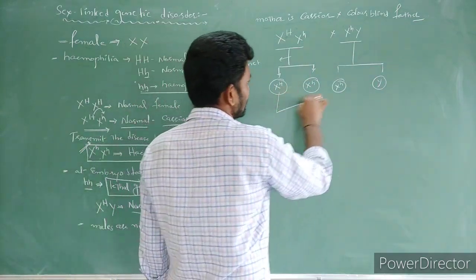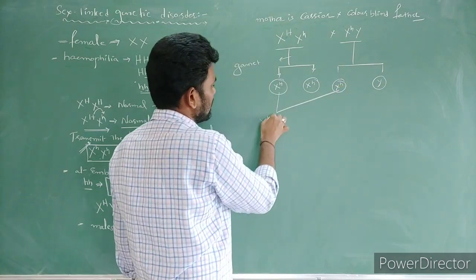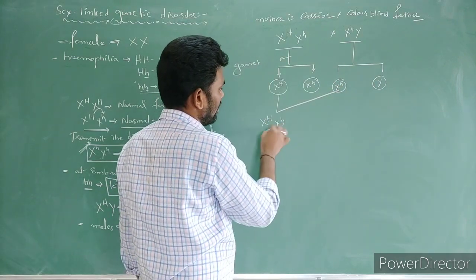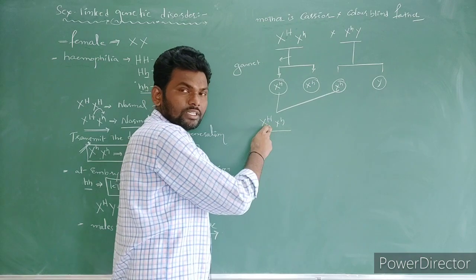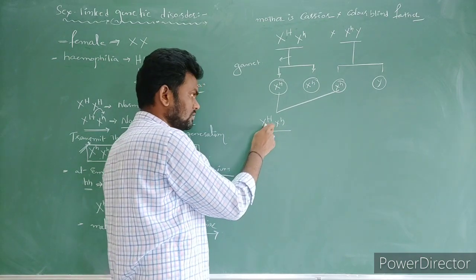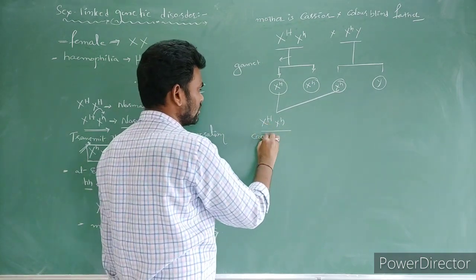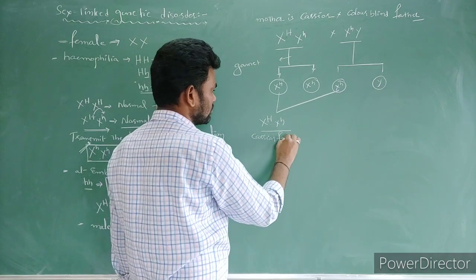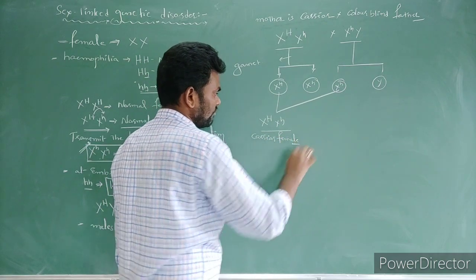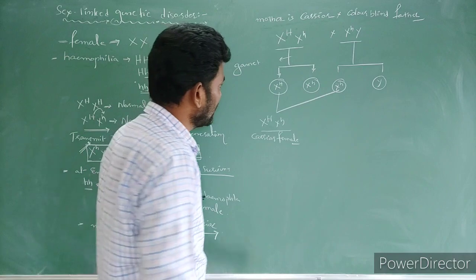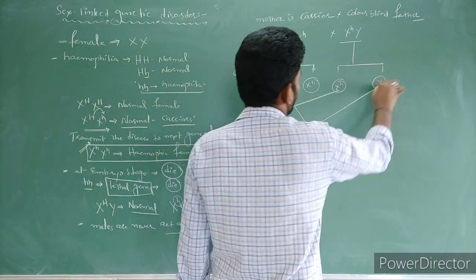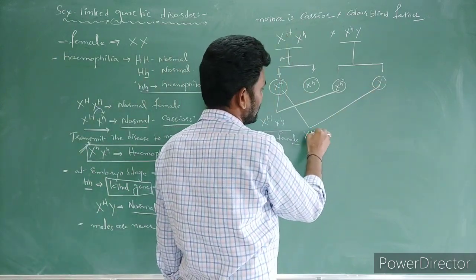Let's cross it. X H and small h. What is the progeny? This is a carrier female, right? Next, X H and Y.